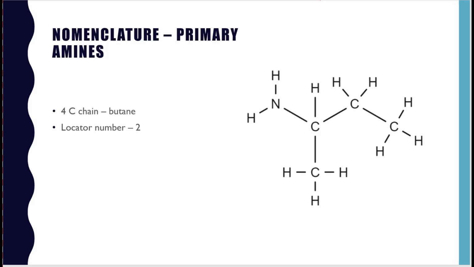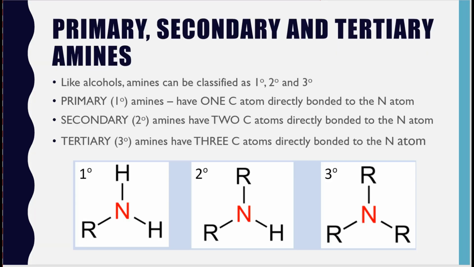Now we have different kinds of amines as we have with many of the others. Actually, I'll go back. We have got our primary, our secondary, and our tertiary. Now, what's the difference between them? Like our alcohols, we can classify them as primary, secondary, and tertiary.